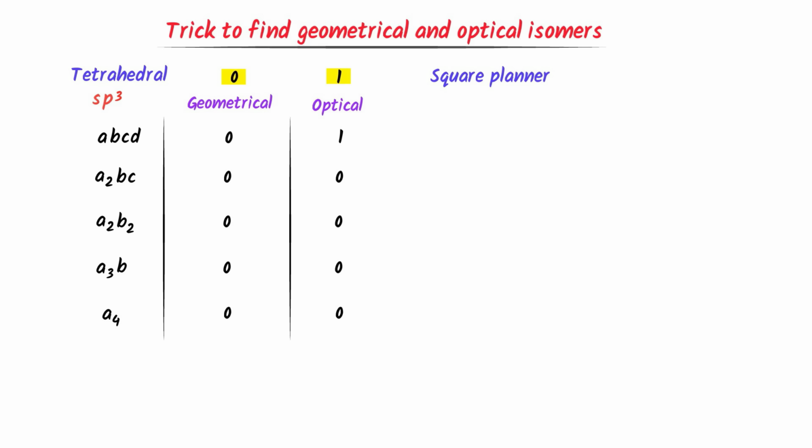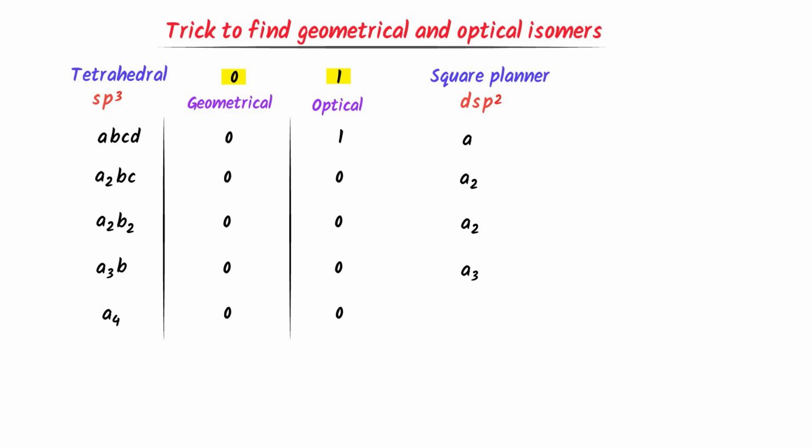Now we will find the geometrical and optical isomers of square planar complexes. We know that in square planar, the hybridization of complexes is dsp2. Now I write the ligand part. As usual, I write A, I write 2 times A2, A2, A2.